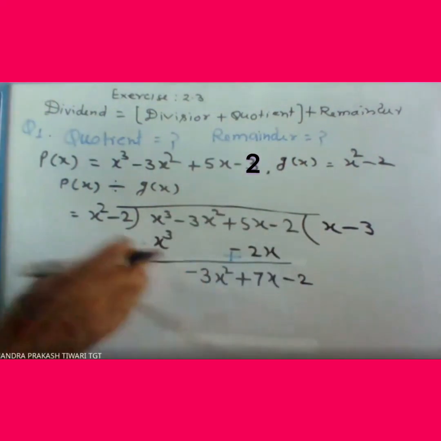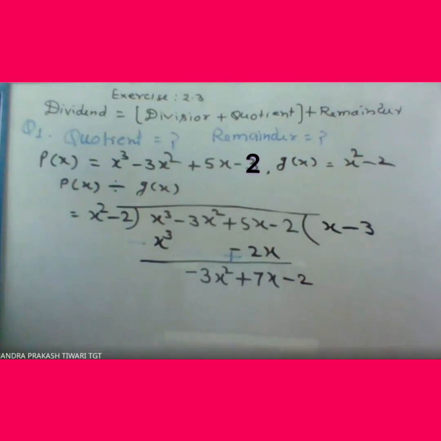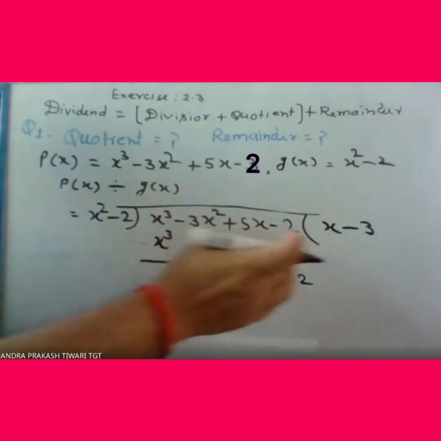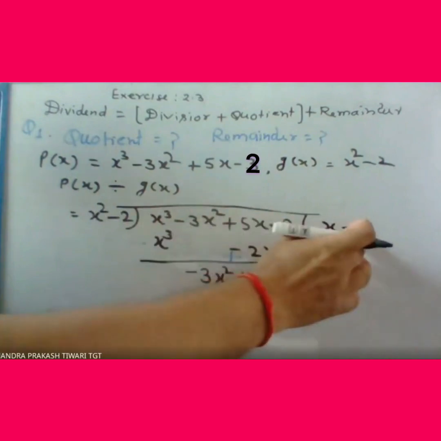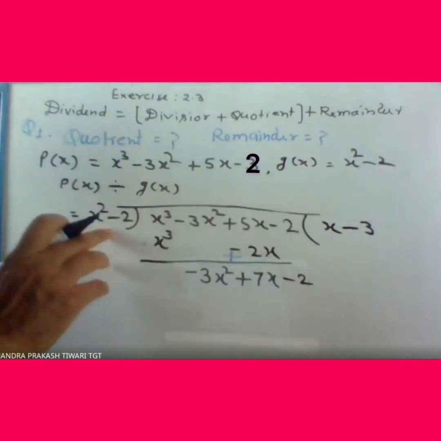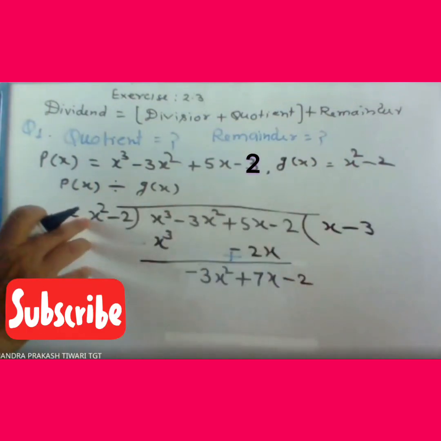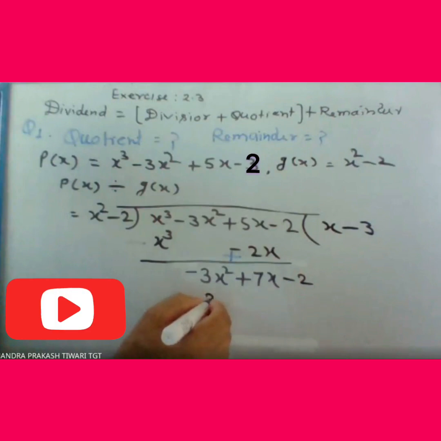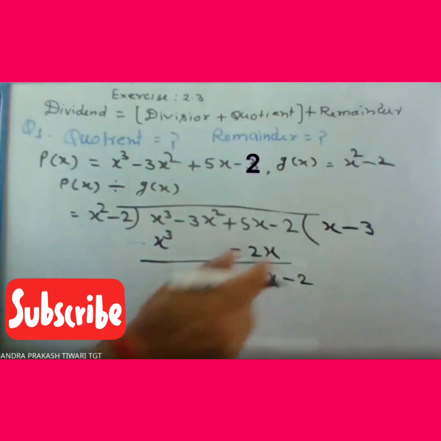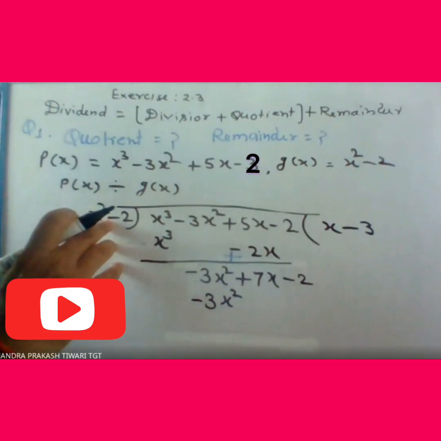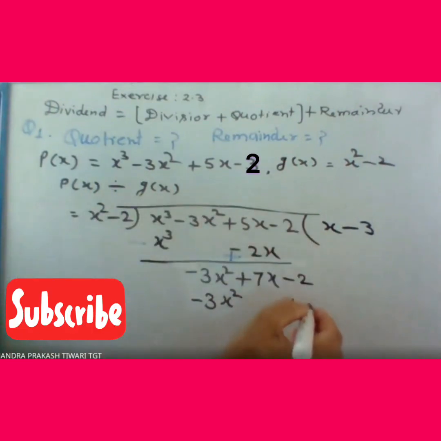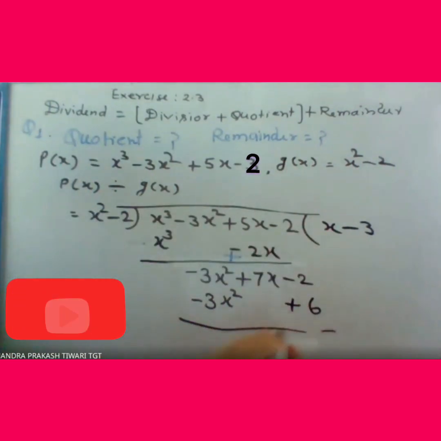Now you will directly multiply this minus 3 by the divisor. So minus 3 into x square, you will get minus 3x square. After that minus and minus is plus, and 2 times 3 is 6, so plus 6, and again you will change the sign. So dear, this is plus and this is minus. You will observe only these two signs.